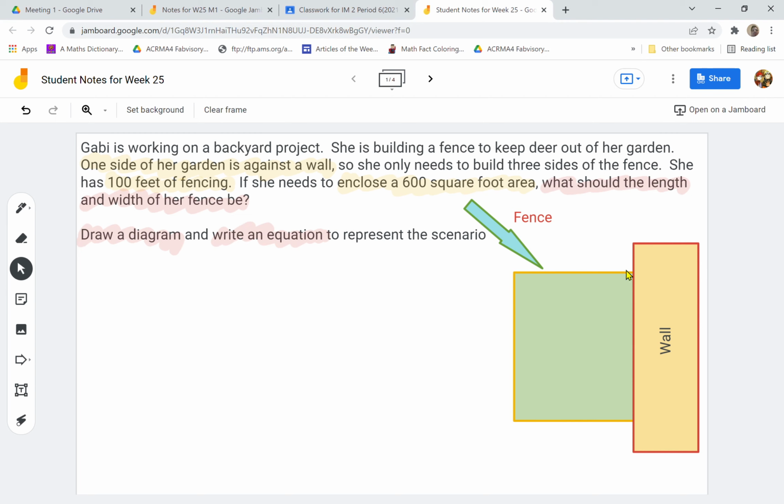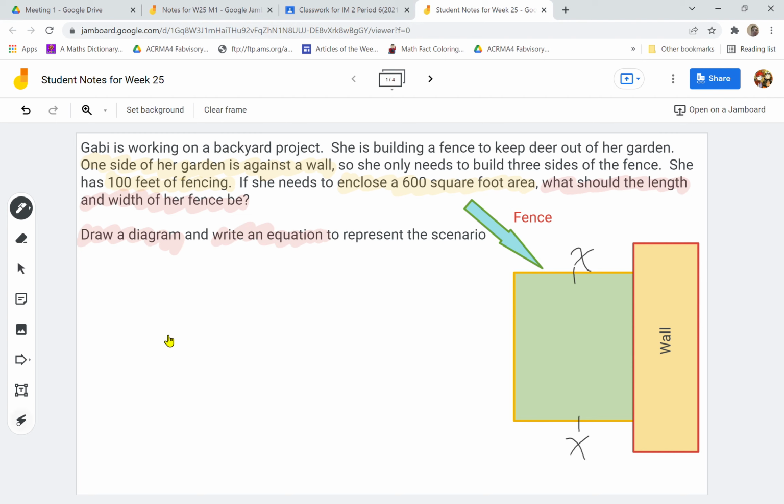So if I add this side here, and this side here, if you follow the cursor, it needs to add up to 100 feet. But I don't know the exact measurements of this side here, this side, and this side. But I do know that these two sides must be congruent to each other because it's a rectangle. So we're going to call these sides x because I don't know what it is.